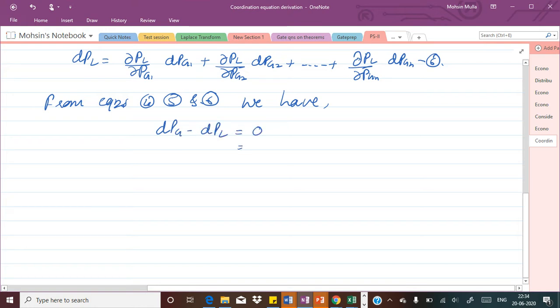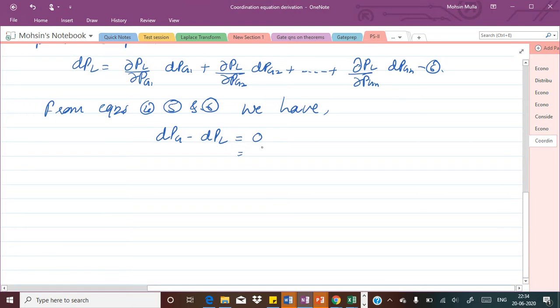So substituting the dPg terms and dPL terms here, the first term is dPg1 minus dou PL divided by dou Pg1 into dPg1.